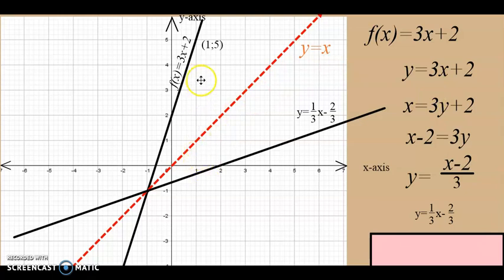So at 1, I will plot 5. Having 2 dots, I can connect those dots and draw the line of f of x is equal to 3x plus 2.